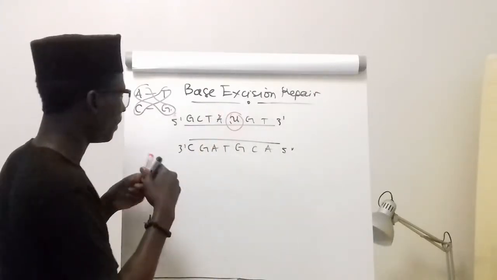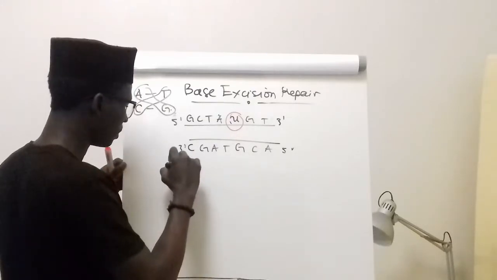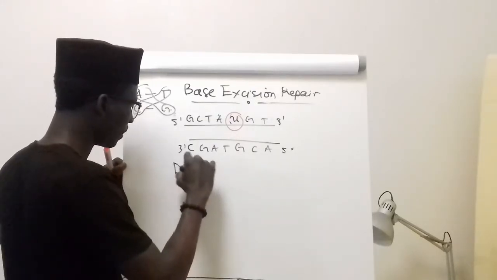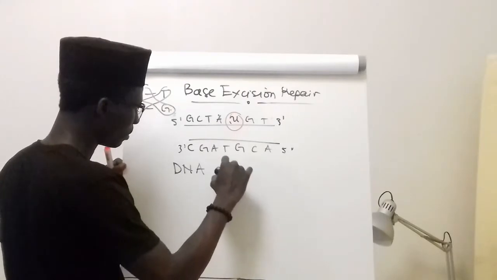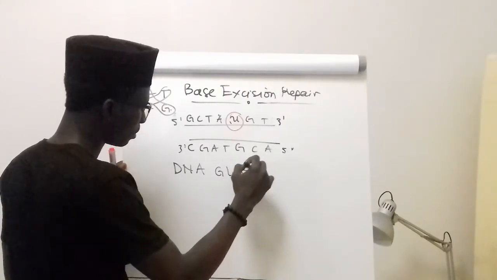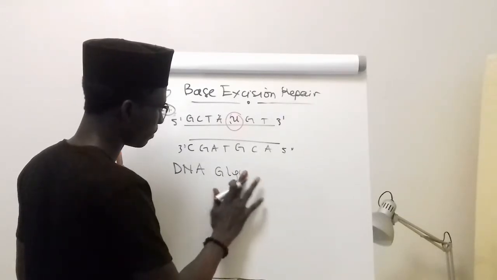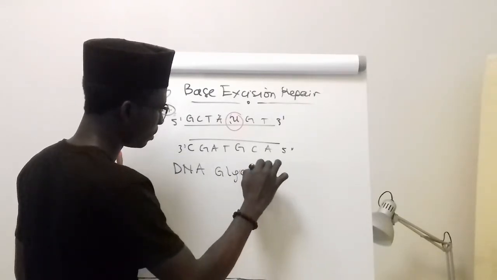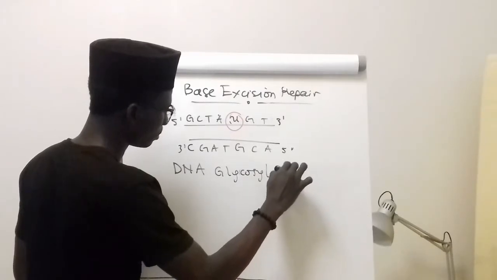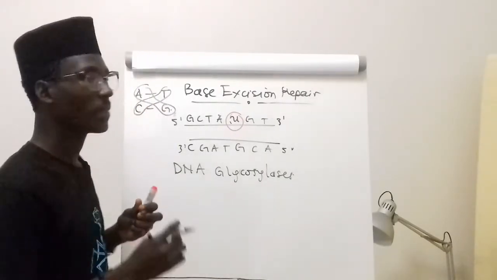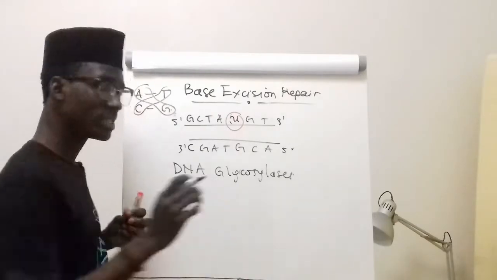It consists of a battery of enzymes known as DNA glycosylases, and there are actually six types.